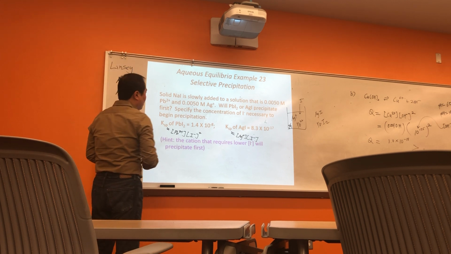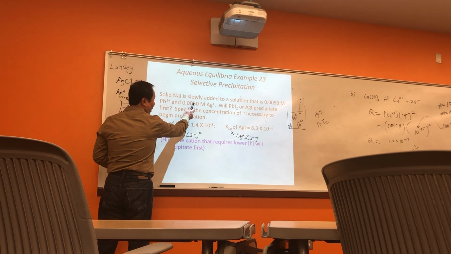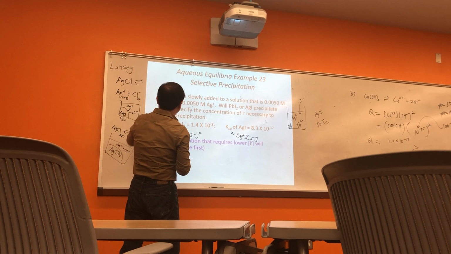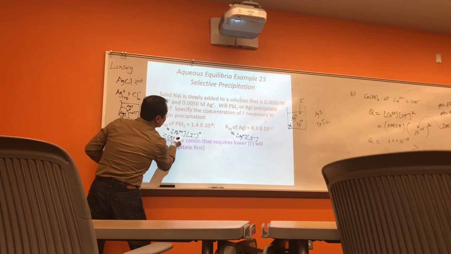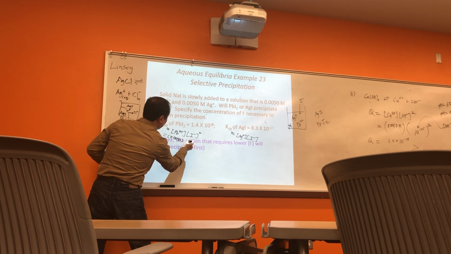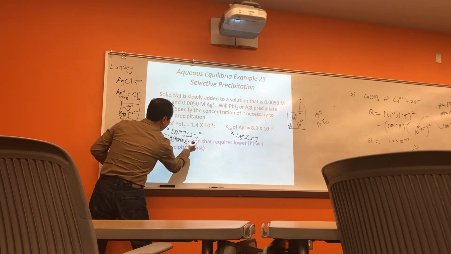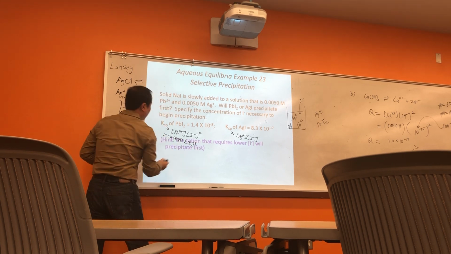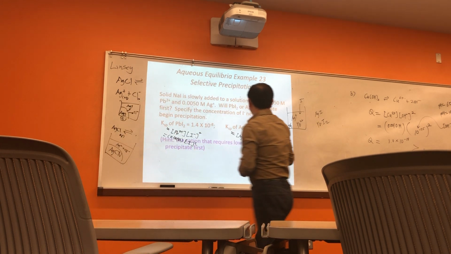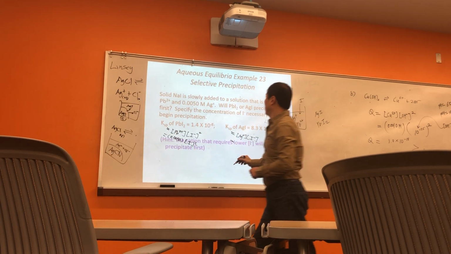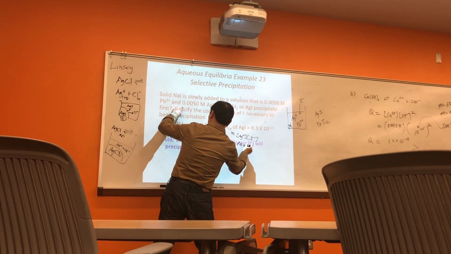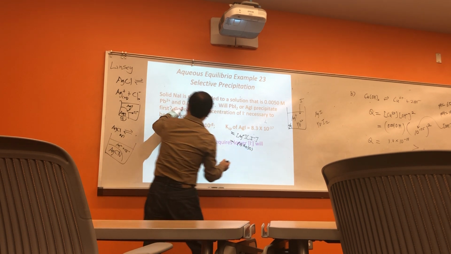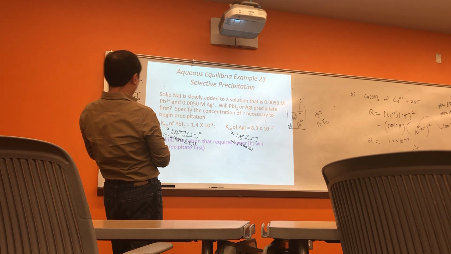And then we are given a concentration of each ion. For lead, this will be 0.0050. For silver, we are given the same number, 0.0050.